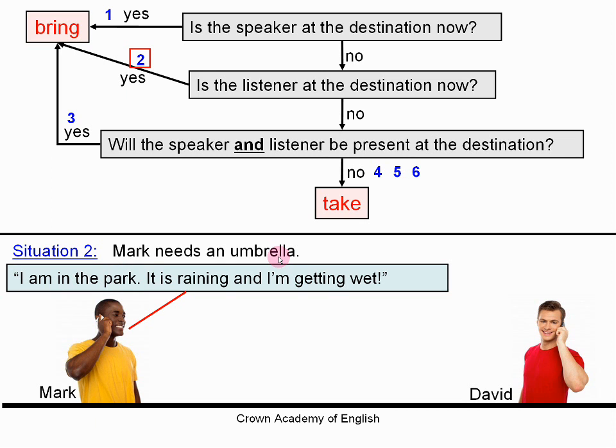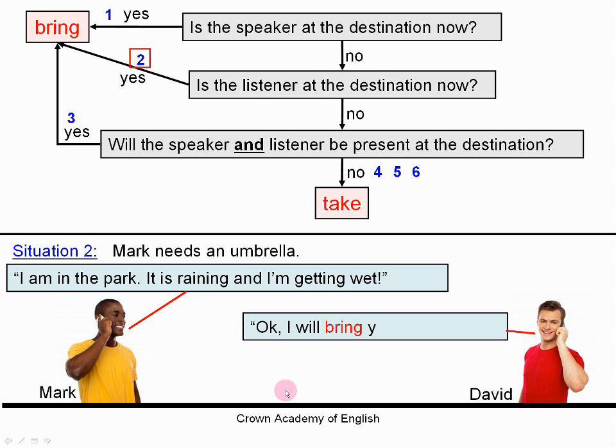It is raining and I am getting wet." Now David is at David's house and he answers the phone and he says, "Okay, I will bring you an umbrella. I will bring you an umbrella."